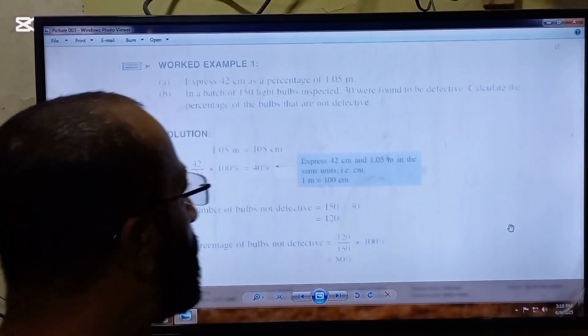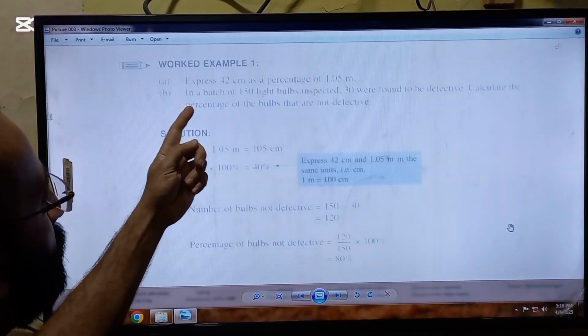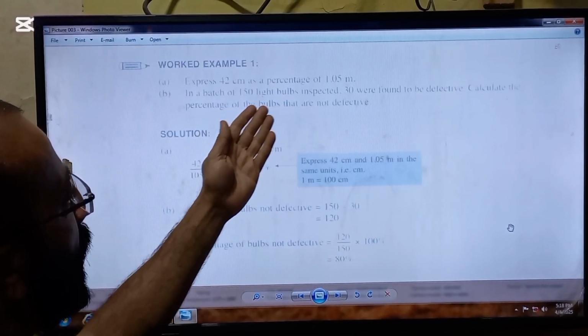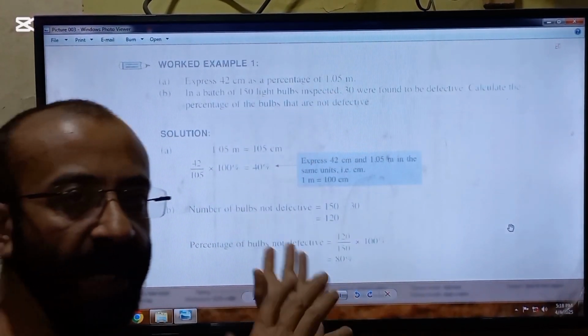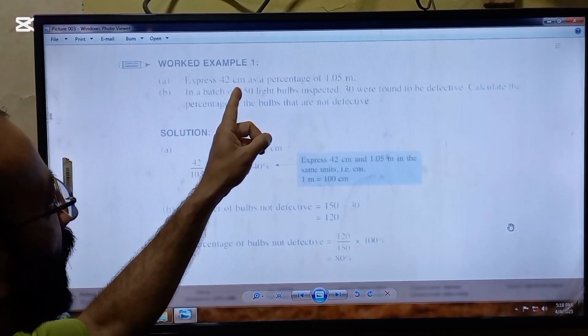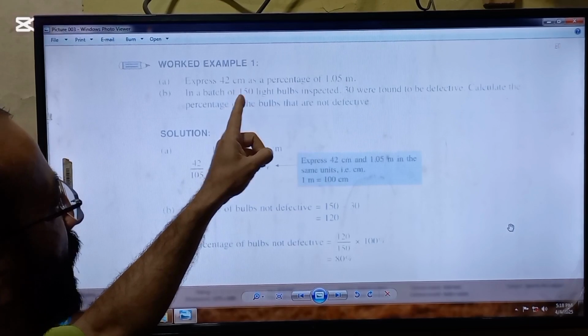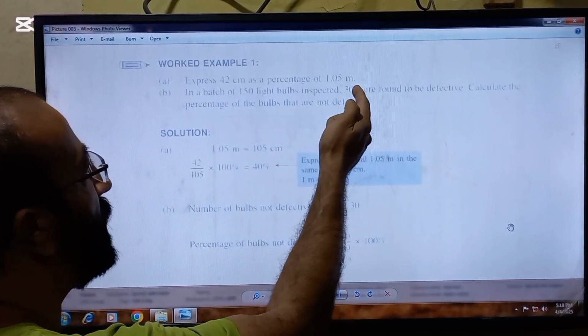Here is a question to explain this type of question. For example, in part A, we are required to express 42 centimeter as a percentage of 1.05 meter. The thing to remember in this type of question is that the units should be the same. Here centimeter and here meter is given. So we have to convert this meter into centimeter first.